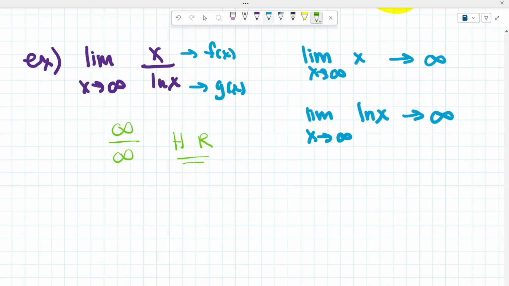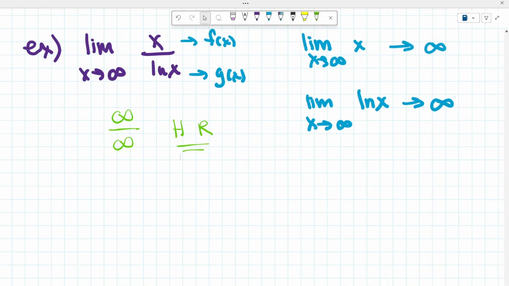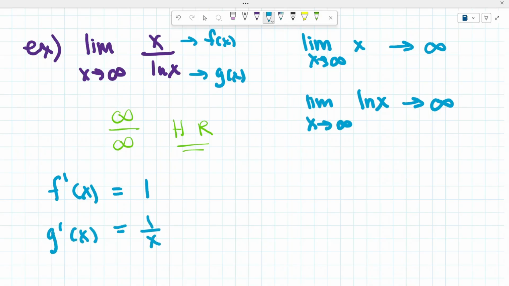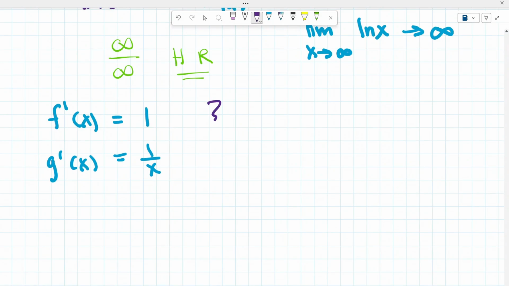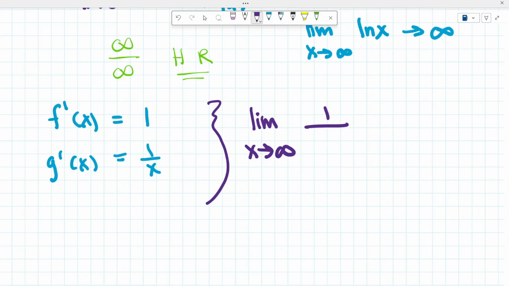So let's go ahead and take the derivative of our numerator and denominator. So f prime of x equals 1, and our g prime of x equals 1 over x, because the derivative of ln x is 1 over x. So now let's go ahead and apply L'Hopital's rule. We've got the limit as x approaches infinity of 1 over 1 over x.